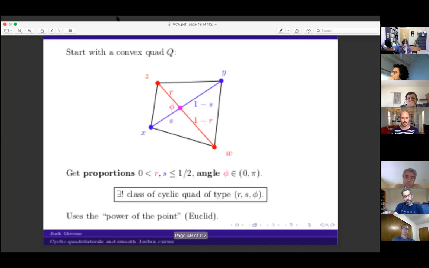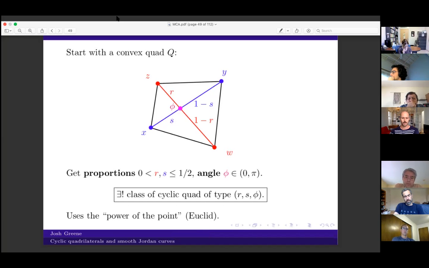And the fact that's true goes back to Euclid. Euclid tells you that the product of the red lengths is equal to the product of the blue lengths precisely when the quadrilateral is cyclic. And using that fact, you show that given parameters R, S, phi, up to similarity, there's a unique cyclic quadrilateral with those parameters.